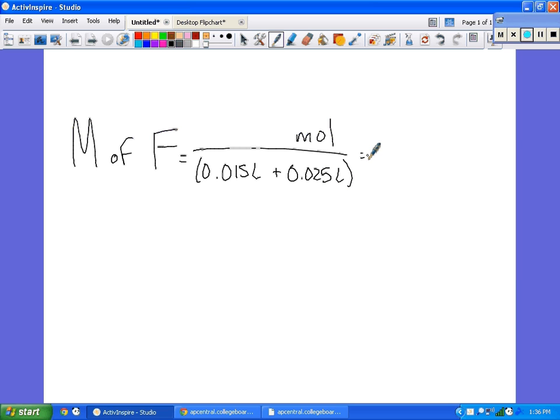Now, I mentioned this a second ago, and here's where you're going to go wrong. If you get to this part, here's what's going to happen. Do you all agree that the last thing we looked at was 0.004 moles of HF? Here's the issue. You're going to take this number and you're going to want to plug it in right here. Exactly. But the problem with that is, I agree with you.